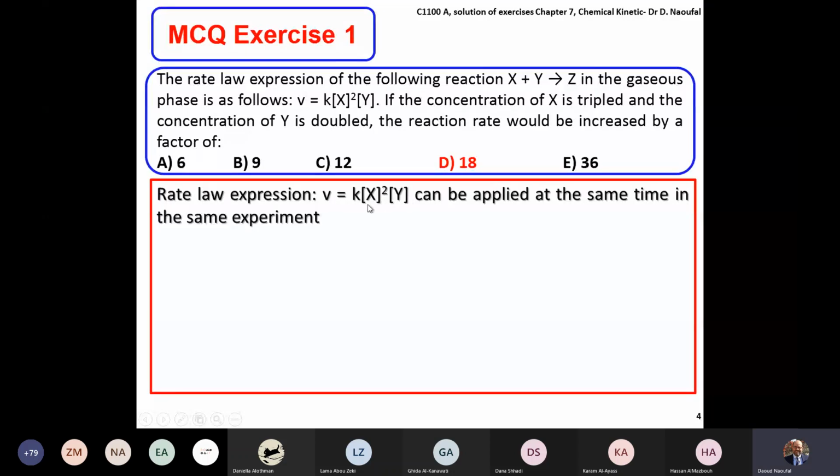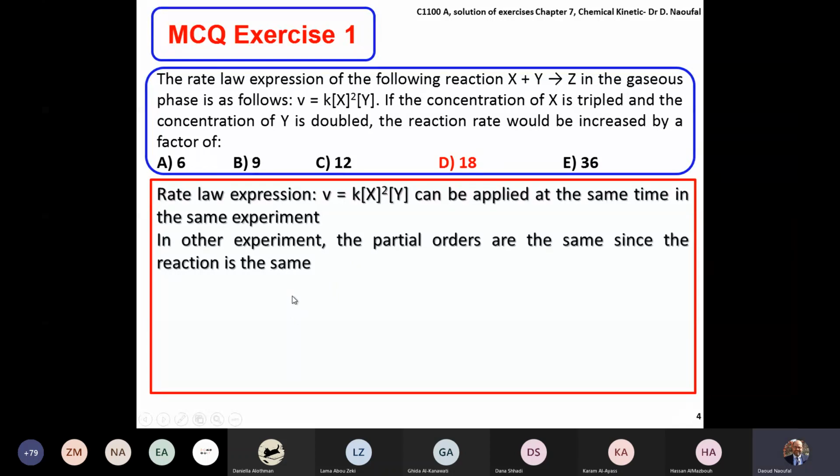They should be in the same experiment at the same time. I can say, for example, the rate of the reaction at 5 minutes equals K, the rate constant depending on temperature, times the concentration of X at 5 minutes squared times the concentration of Y at 5 minutes to the power 1.